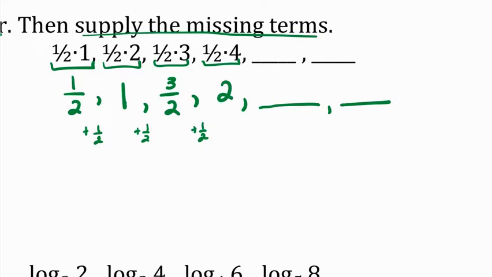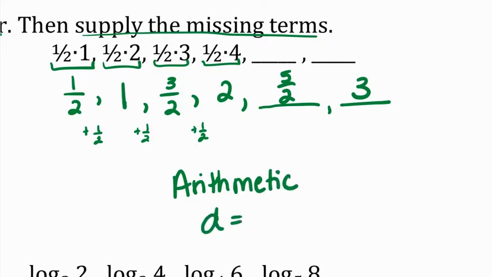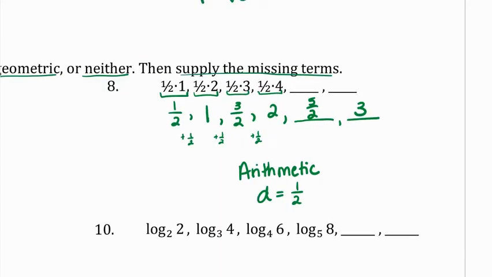And if we kept going, this one would be 2.5, which is 5/2. And then plus another half would give us 3. So this one is arithmetic. And we've got a common difference of 1/2. Okay, so that one we could find by adding a thing.